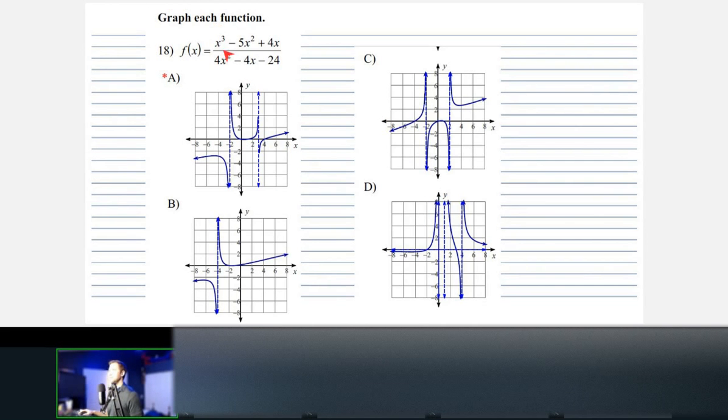Also, it is a top heavy function. What else can we look at? VA: you can solve this to find your VAs. What else can we do?